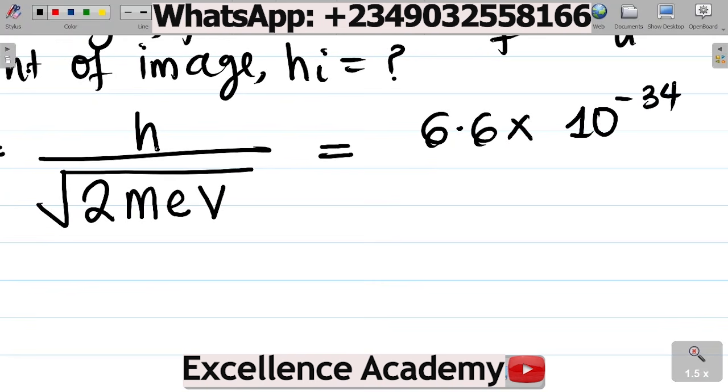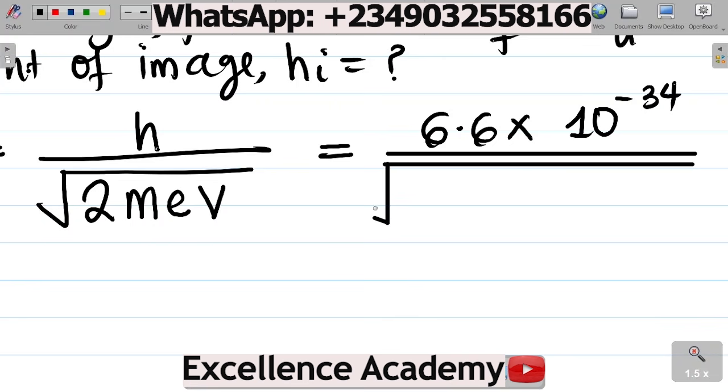This is H all over the square root of 2 times the mass of electron.